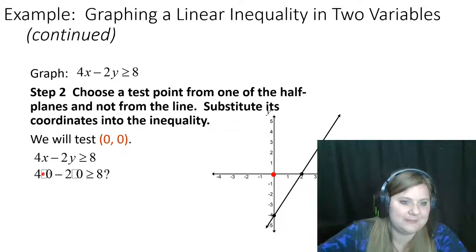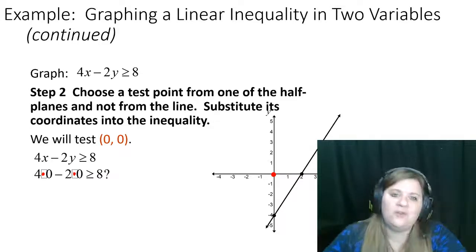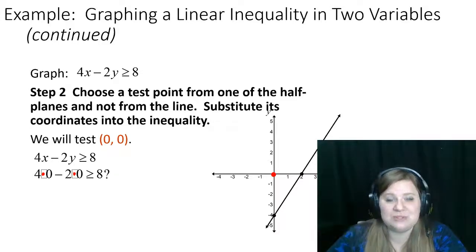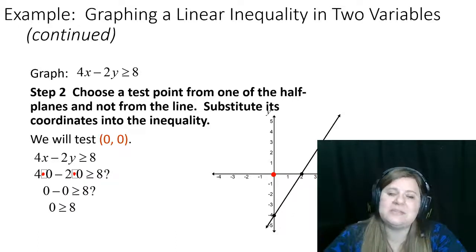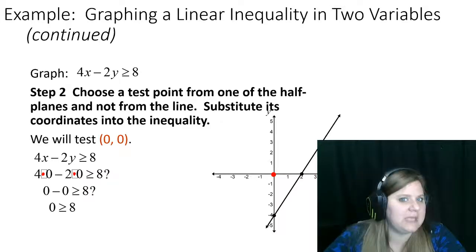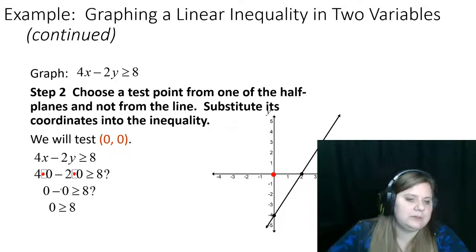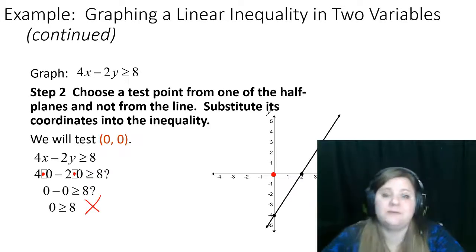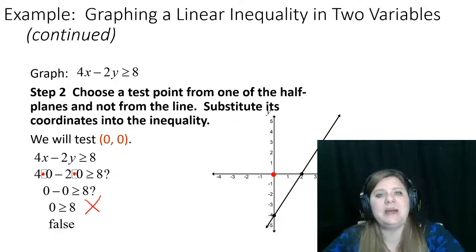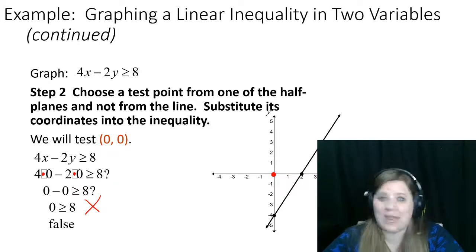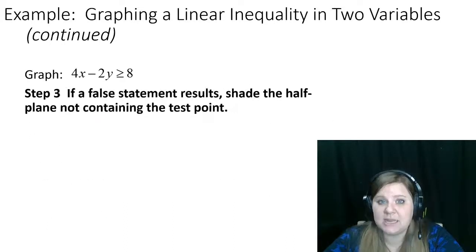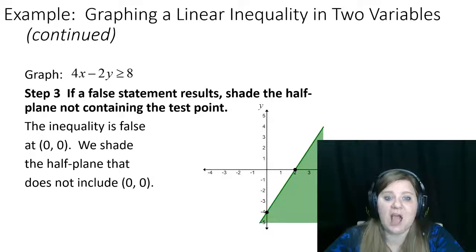These are still times symbols. 4 times 0 is 0. 2 times 0 is 0. 0 minus 0 gives us 0. So is 0 greater than or equal to 8? Nope, that is false. And because it's false, I cannot shade on the side with 0, 0, which means I must shade on the other side.